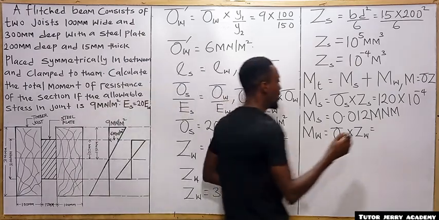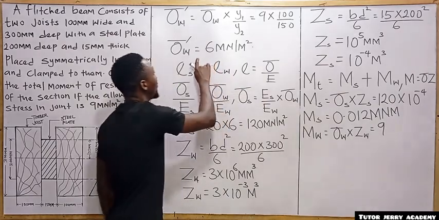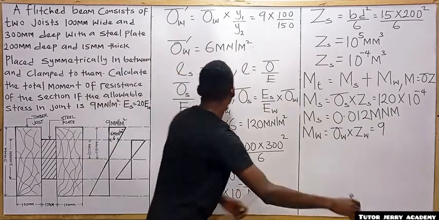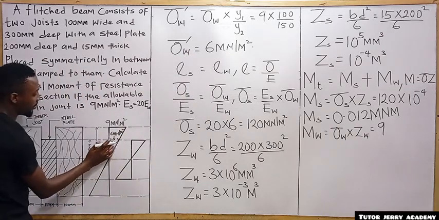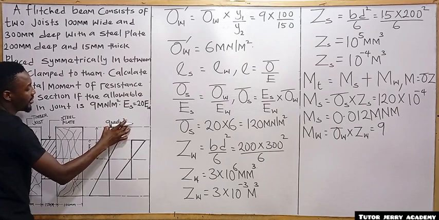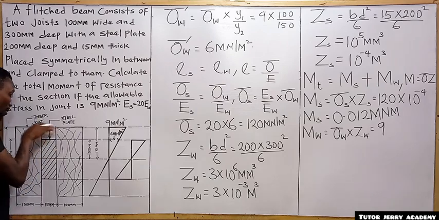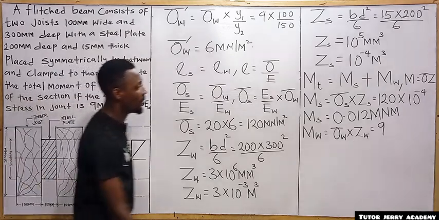So this is 9 here. Don't go and use 6, because 6 is not the maximum. The maximum stress that we have here, on the top of the wood, is 9. Take note of that, please.